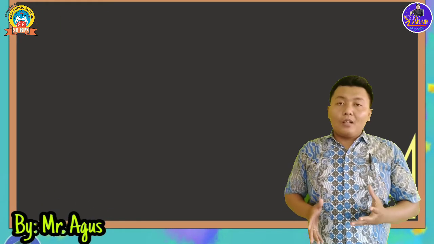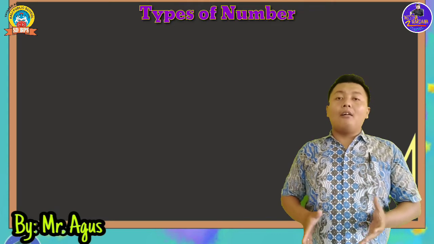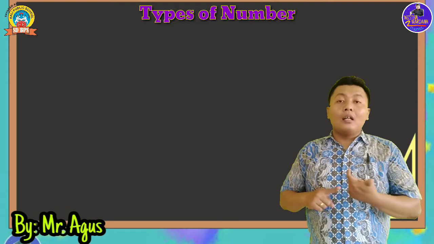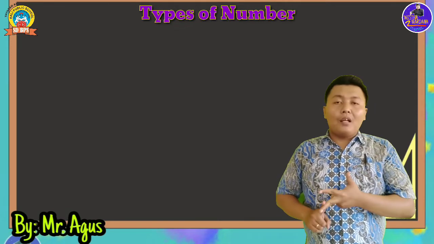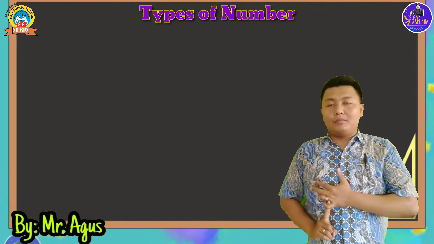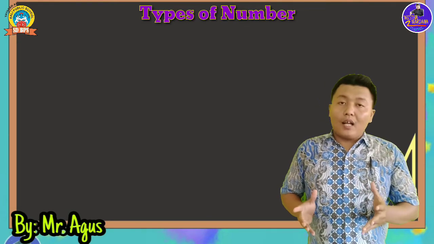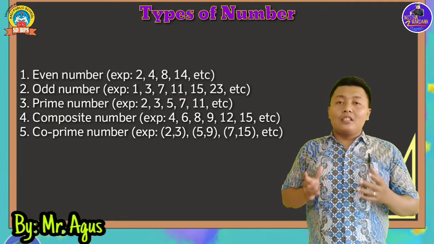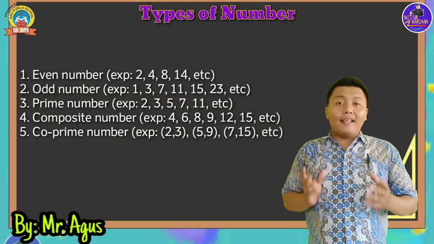In the first subtopic, you learn about types of numbers such as even number, odd number, prime number, composite number, and co-prime number. Start from the first one, even number. Even number is the number that is divisible by 2.